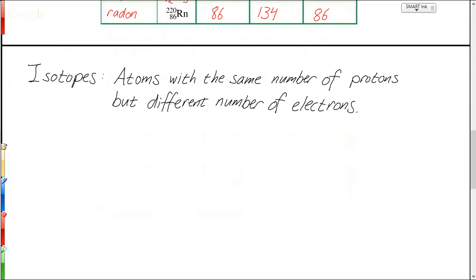So if we go back to our carbon example, the most common form of carbon in nature is carbon-12. So that would be carbon with 6 protons, 6 neutrons, 6 electrons. But there is also in nature carbon-13 and carbon-14.